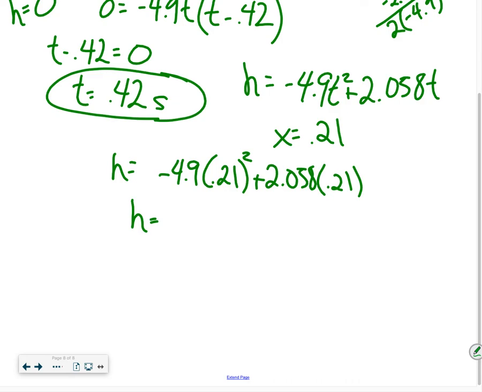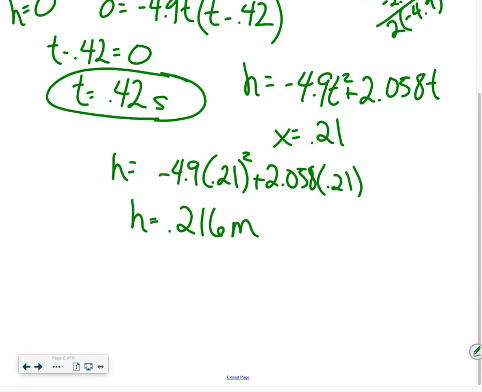Okay, let's do it in the calculator. Negative 4.9 times 0.21 squared plus 2.058 times 0.21 gives you 0.216.